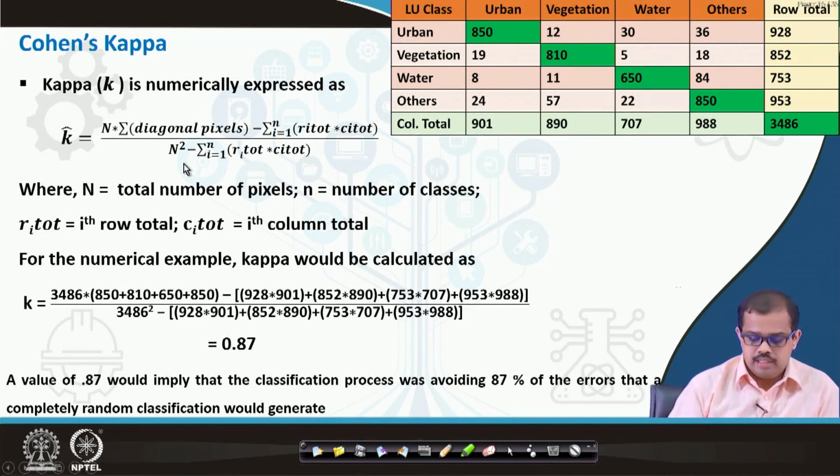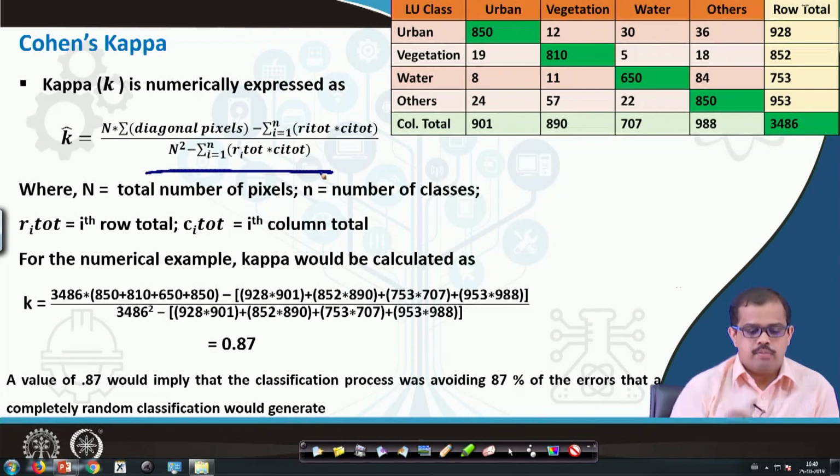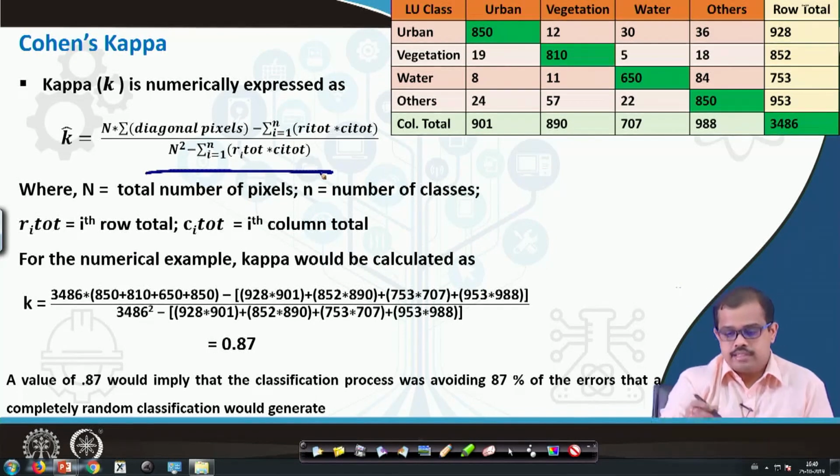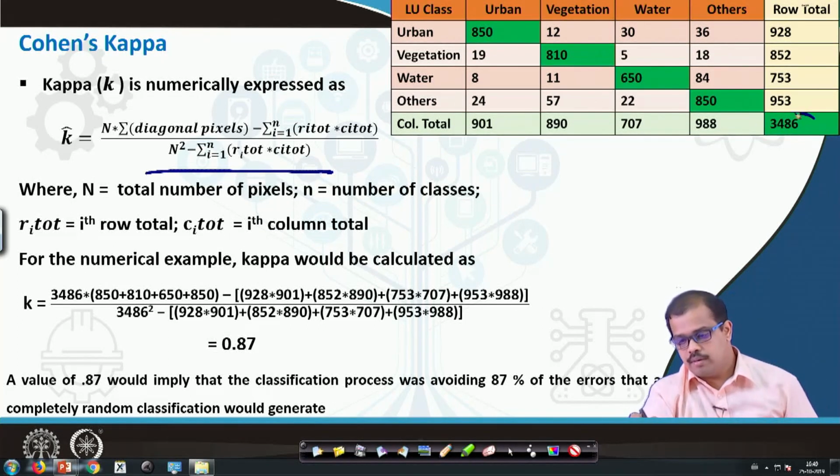Kappa is calculated by this particular formula that is represented here. Now, if the same table is considered for this analysis, this is the total number of pixels.